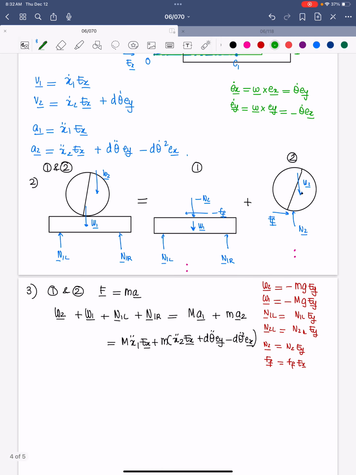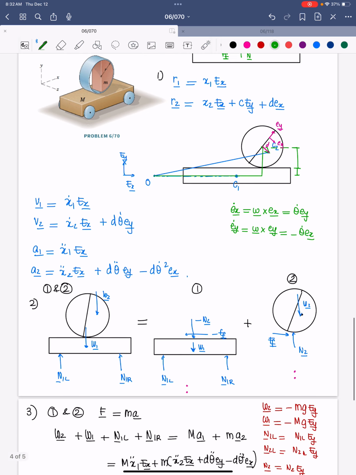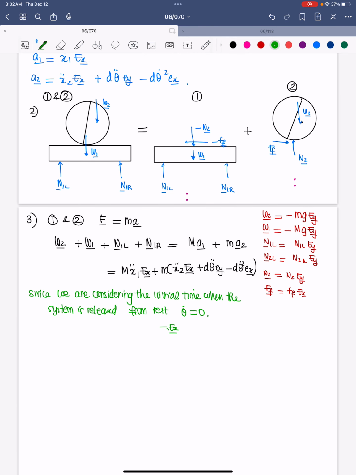Okay, and since we are considering the initial time, when the system is released from rest, we have theta dot equal to 0, and also the co-rotational bases are still equal to the fixed bases, as small Ex and big Ex are the same, and small Ey is equal to big Ey.